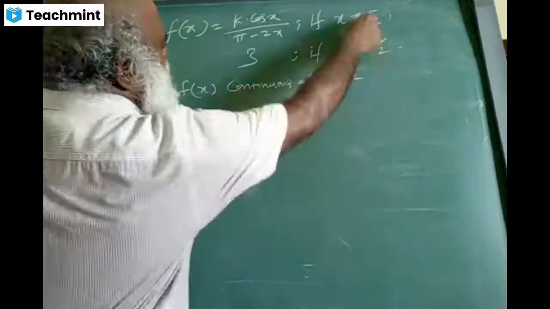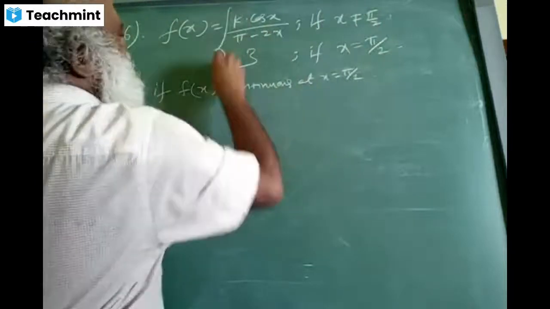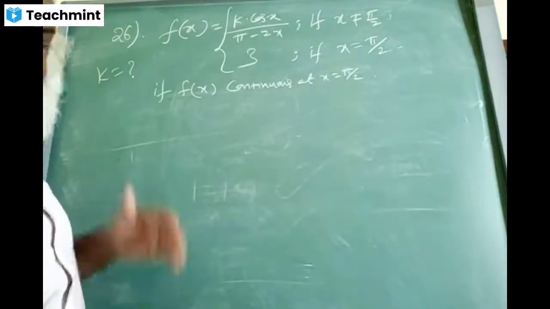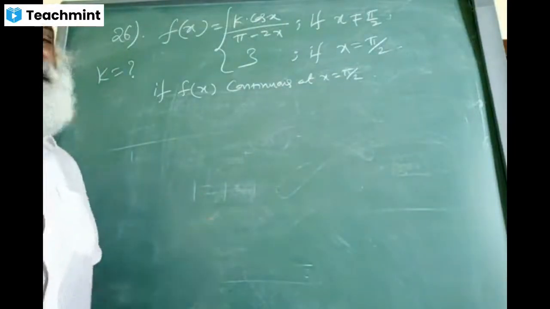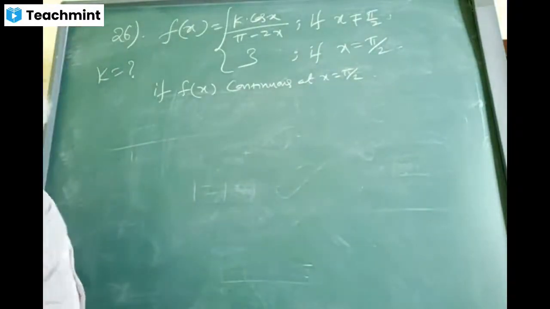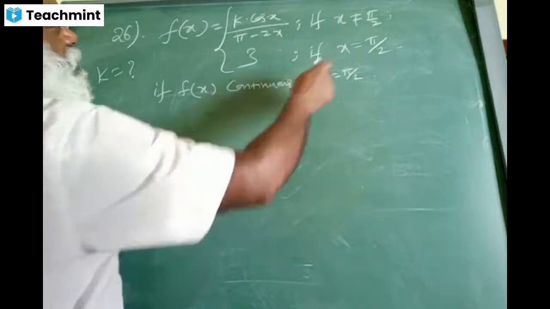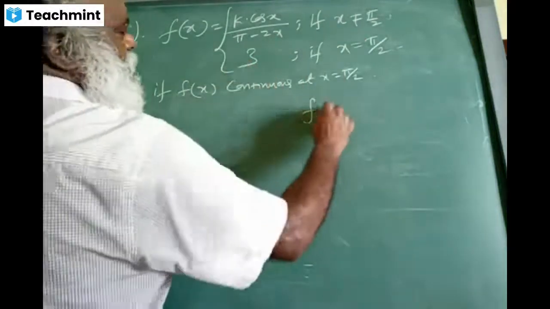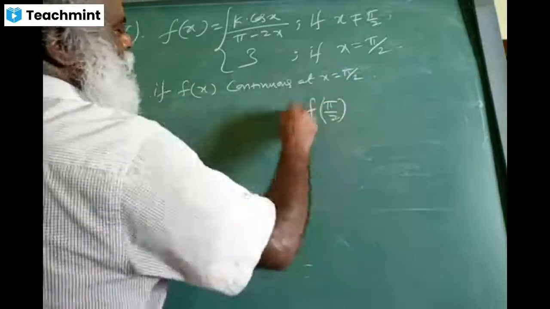At x equal to pi by 2, he said that the function is continuous. If so, find k. Very simple. He has already given that at x equal to pi by 2, the function is f of pi by 2.